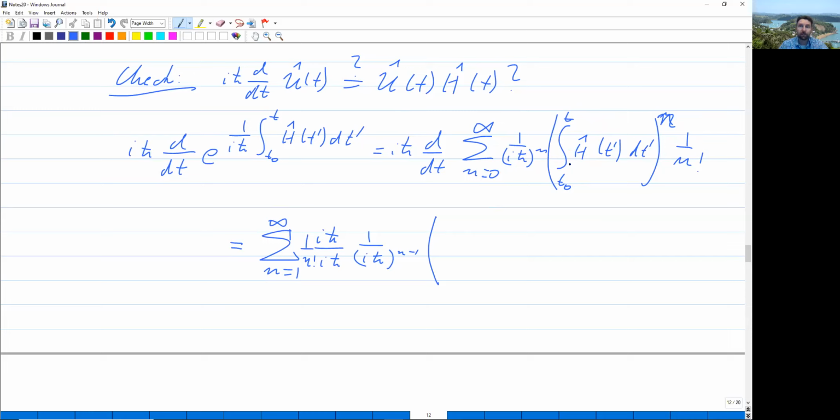By the fundamental theorem of calculus, this is Ĥ(t) times the stuff that we didn't differentiate, and that's t naught to t, and then Ĥ(t') dt' to the power of n minus 1.